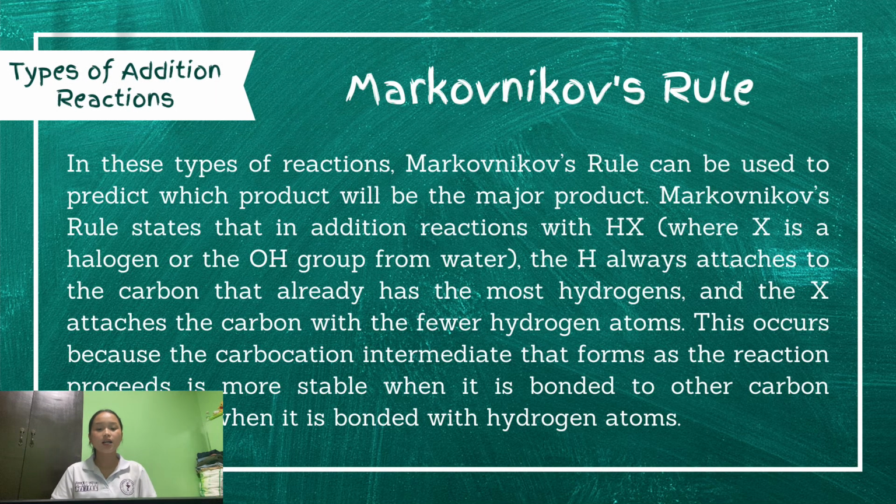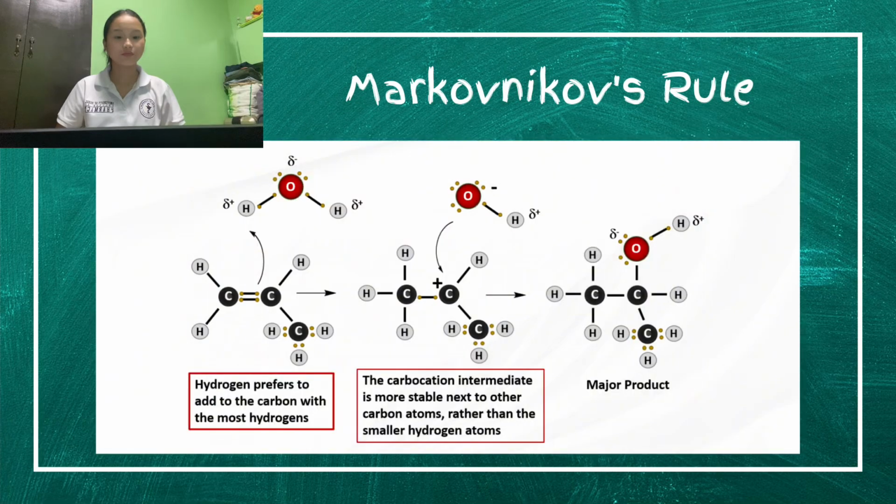Because of this, the addition of HX follows a specific pattern, ensuring that the more stable product is formed as the major product, while the less stable product is formed in smaller amounts, the minor product.